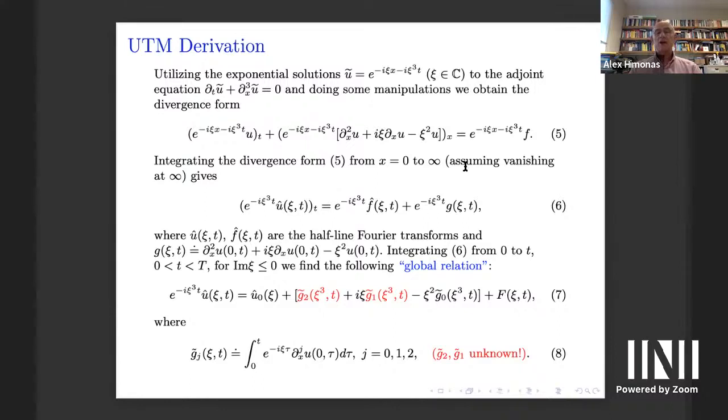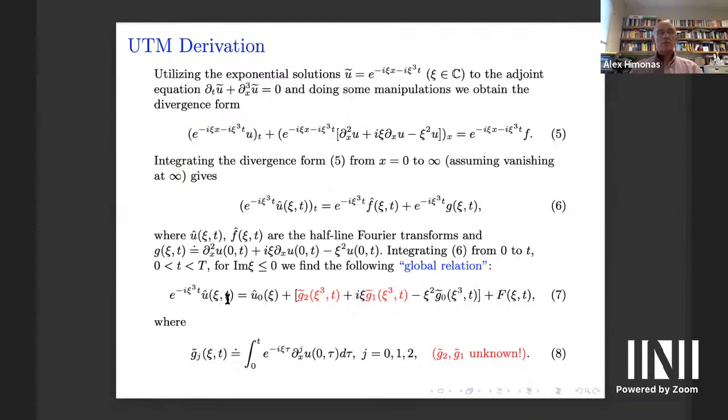relationship 6, assuming vanishing at infinity, and then integrating with respect to time, like we would solve the initial value problem for a linear equation, we arrive at equation 7 that is called the global relation.